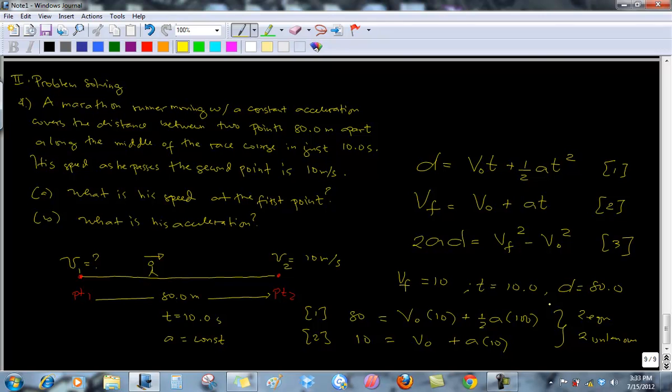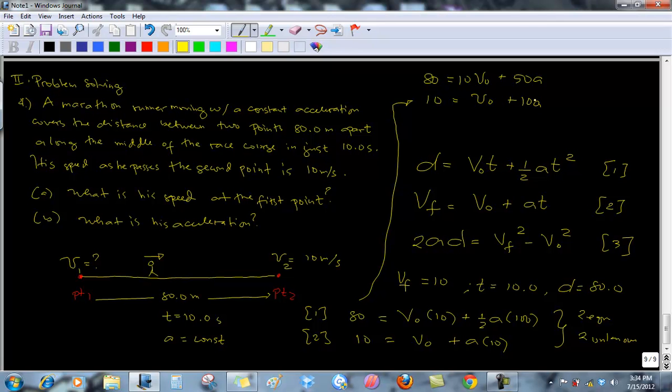How to solve that? I hope nga kabalo na tayo mag-solve sa Math 17. But let's just try to show. Okay, let's solve. Simplify first equation 1. We'll have 80 equal to 10 V0 plus 50A. Equation 2 will be 10 equal to V0 plus 10A.